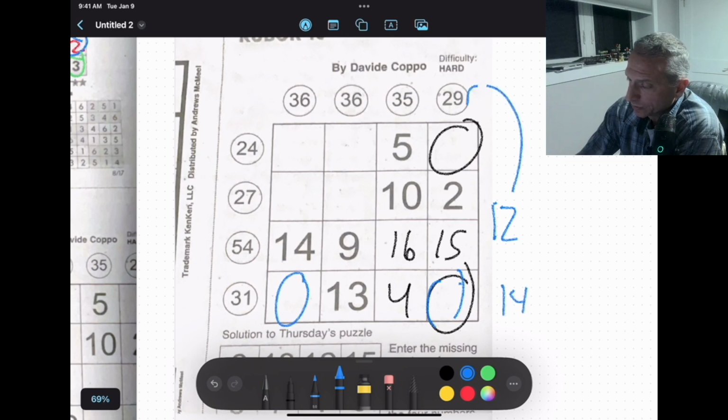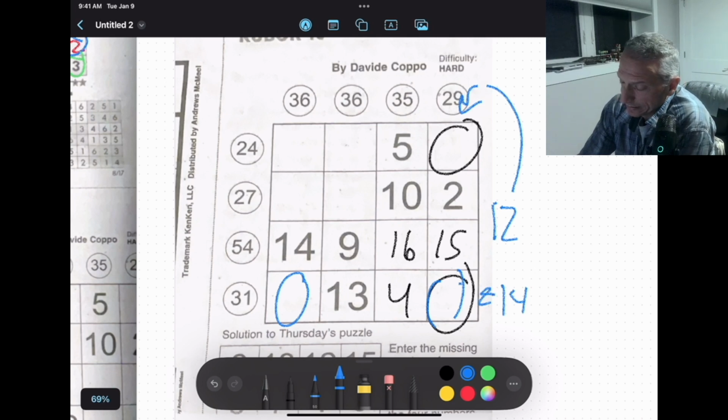Okay, so we have 12 here, and then we have 14 over here. So what do we have for that? Right, we don't have 9. Well, we could have 11, 1. This would be, what, 11, 3. So we have some interesting things that we can do here.